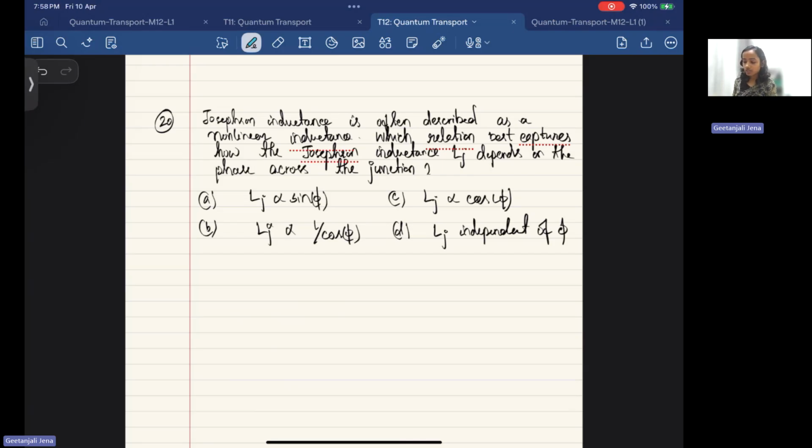Which relation best captures how the Josephson inductance L_J depends on the phase across the junction? Option A, L_J is directly proportional to sin phi, option B, L_J is inversely proportional to cos phi, option C, L_J is directly proportional to cos phi, or option D, it is independent of phi. So which of these is the correct relation?